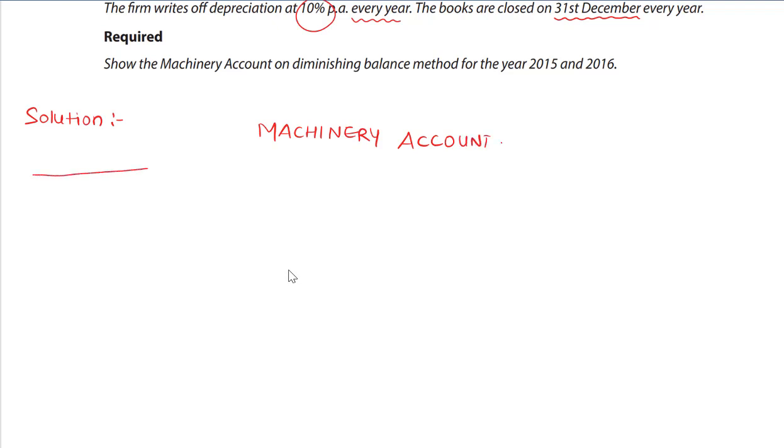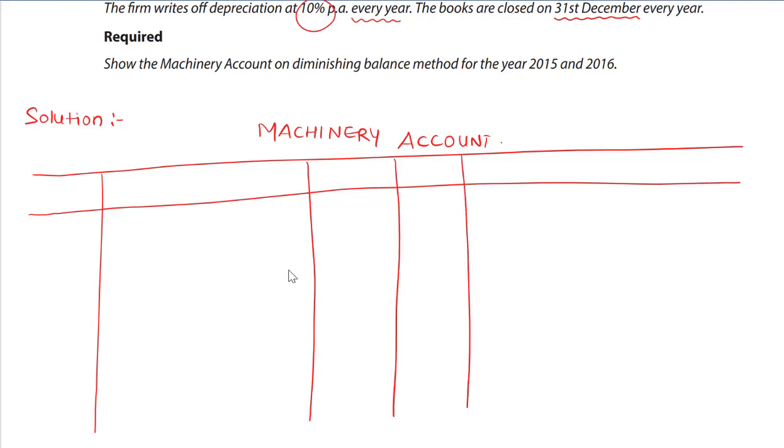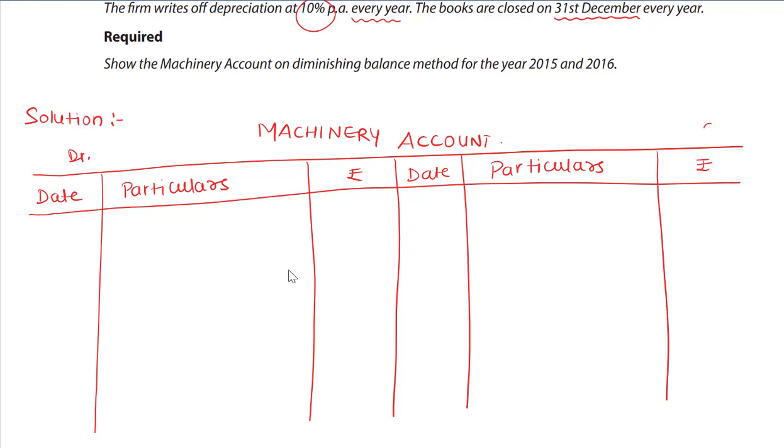Draw the format of machinery account: date, particulars, amount, debit, credit. So this is the machinery account.